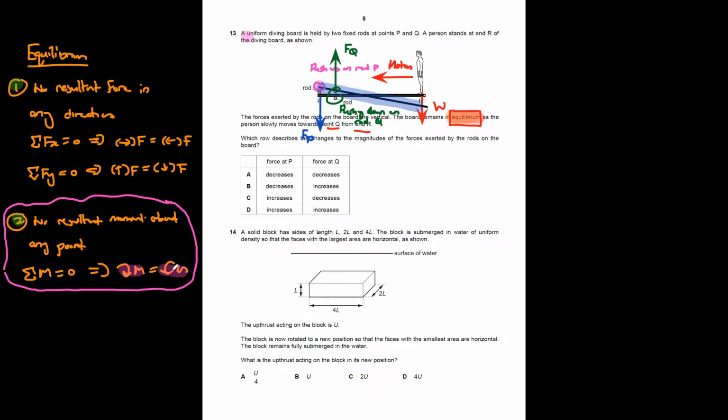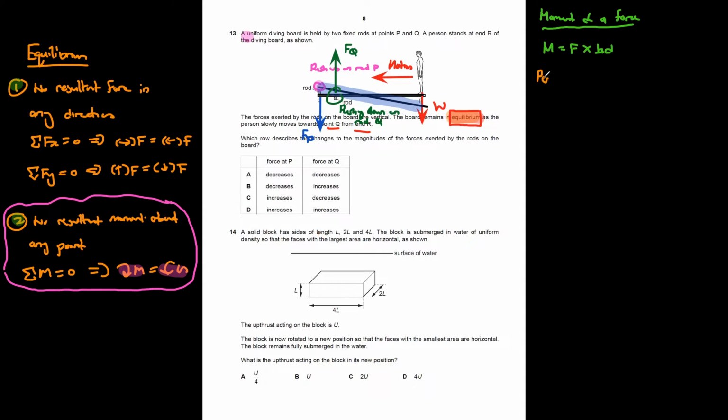All right. Now, before you can go and do anything with this, let's just consider this too. When you're talking about the moment of a force, you will often say moment is force times perpendicular distance, right? You have three things to consider here.